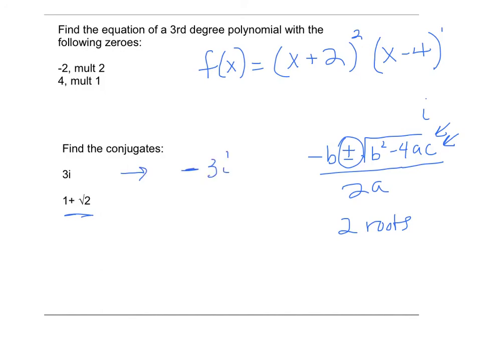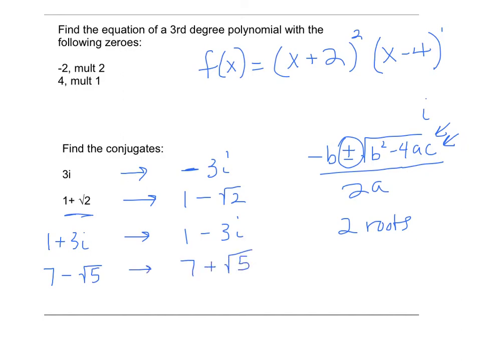If you have 1 plus the square root of 2, the conjugate is 1 minus the square root of 2. If I have 1 plus 3i, the conjugate is going to be 1 minus 3i. If I have 7 minus the square root of 5, the conjugate is going to be 7 plus the square root of 5. So it's always the middle sign that changes.